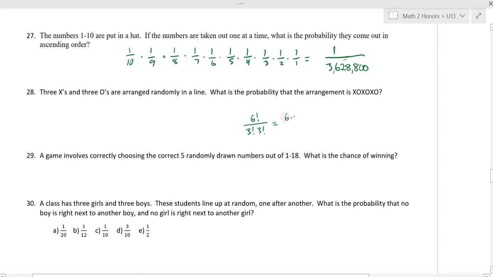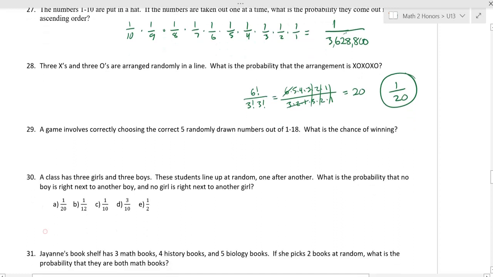I work through that. Reduce this, work. Let's see what we end up with. End up with 20 different ways to arrange the X's and O's, and this is one of the 20. So that is our answer, 1 out of 20.